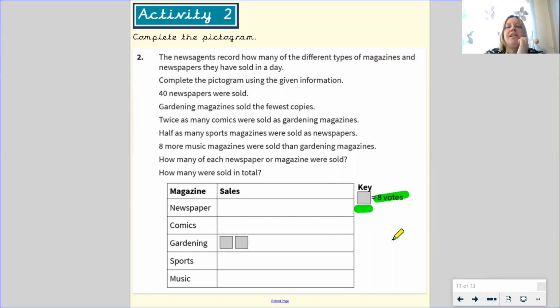The newsagents record how many of the different types of magazines and newspapers have sold in a day. Complete the pictogram using the given information. So you need to be a bit of a maths detective and use the clues to help you to draw your pictogram. I'm looking for really great presentation, Mandela class.